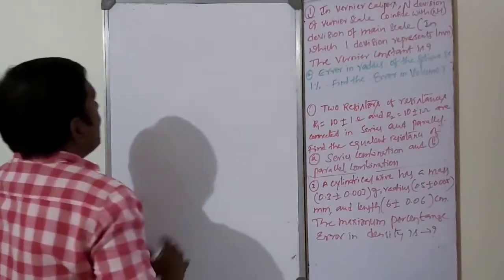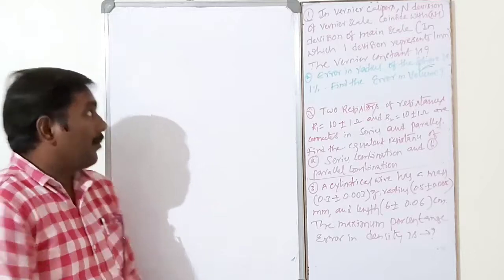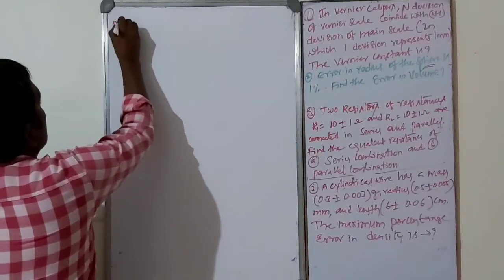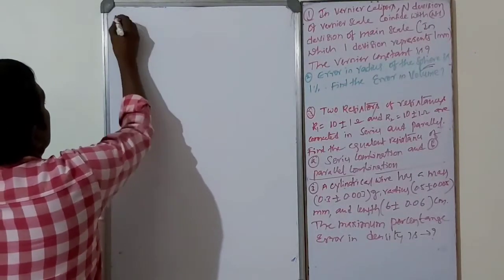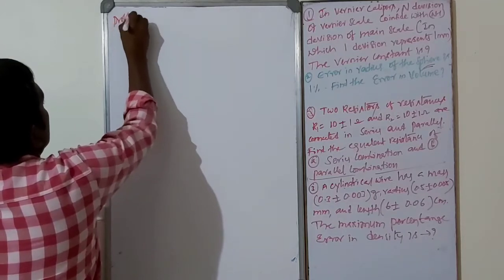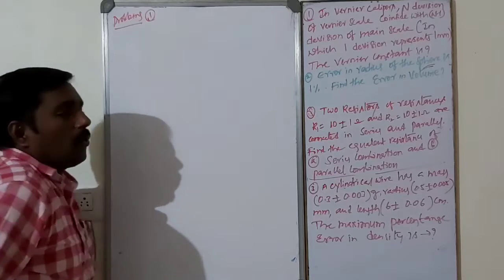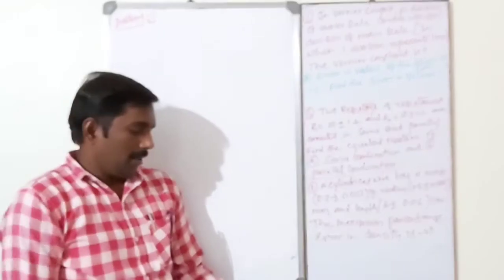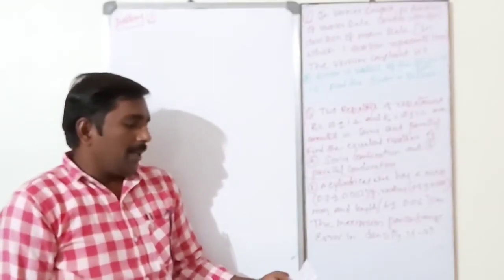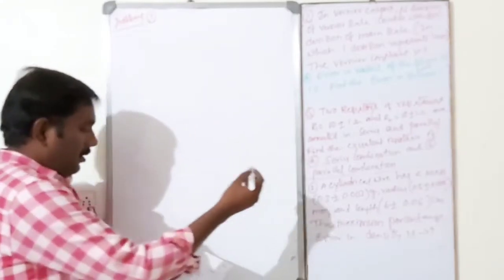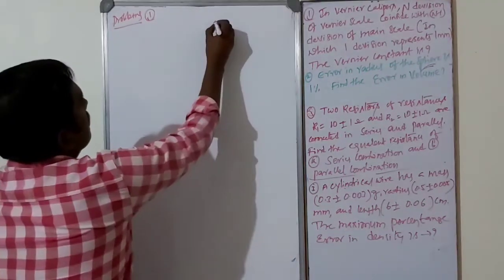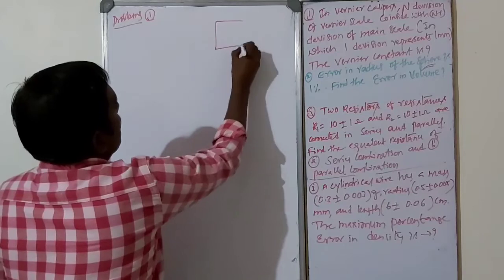Problem number 1, okay. One side of a cube is measured as 4 meter. See, dear students, let us consider a cube.